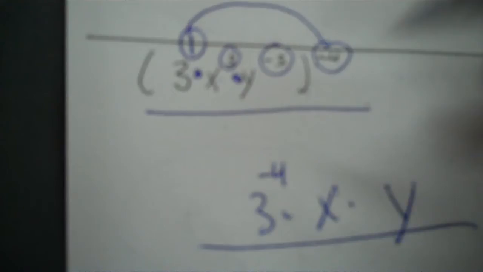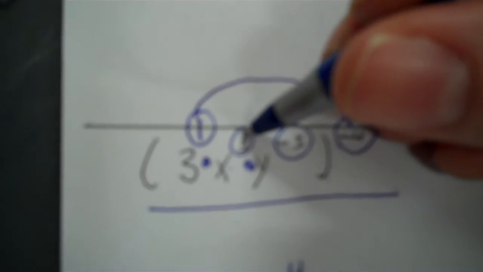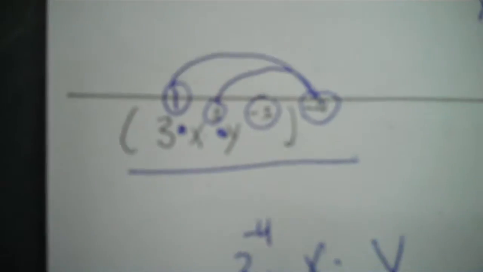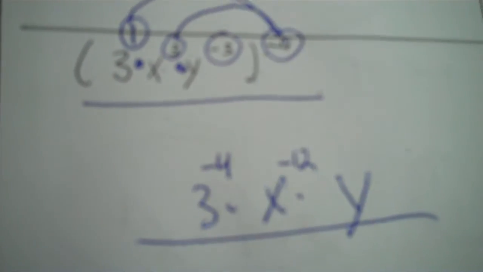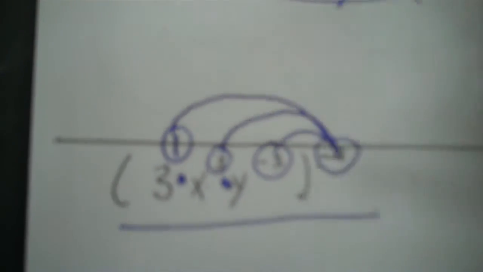So let's talk about 3. It's to the first, and it's in a parentheses, so you distribute 1 times negative 4. So it's actually 3 to the negative 4th. Now the x, 3 times negative 4, negative 12. Y, negative 3 times negative 4 is positive 12.